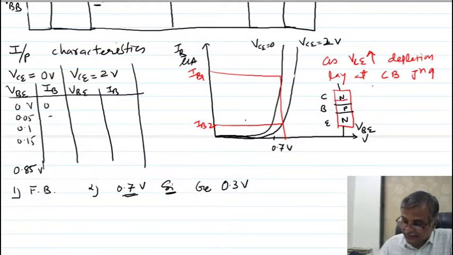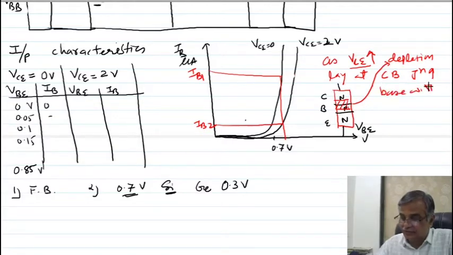The depletion layer at this point increases. I think you understand. As VC increases, this depletion layer increases. As a result, the width of the base decreases.